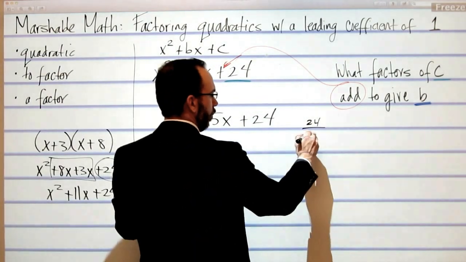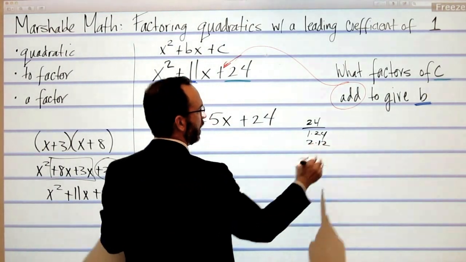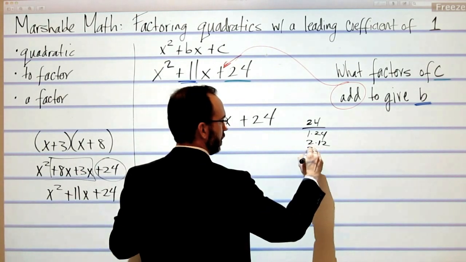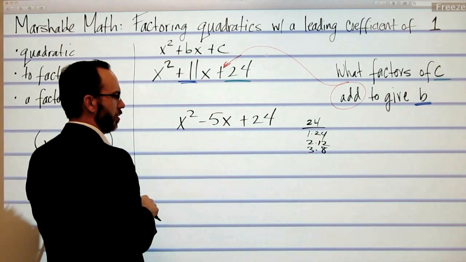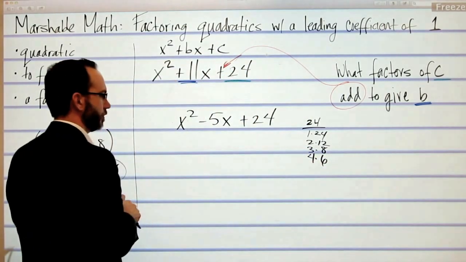Factors of 24. 1 and 24. Nope. 2, 12. Nope. What do we got? 3 and 8. No. 4 and 6.